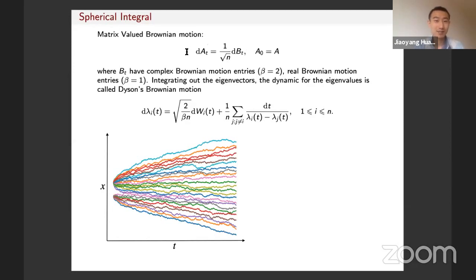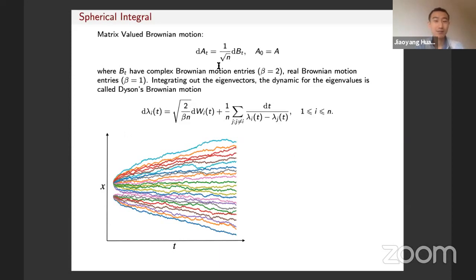It turns out that for this matrix valued Brownian motion, the eigenvalues and eigenvectors are decoupled, they are independent. So you can integrate out the eigenvectors. Then you get the dynamics for the eigenvalues of At, which is called the Dyson's Brownian motion. This was first derived by Dyson.